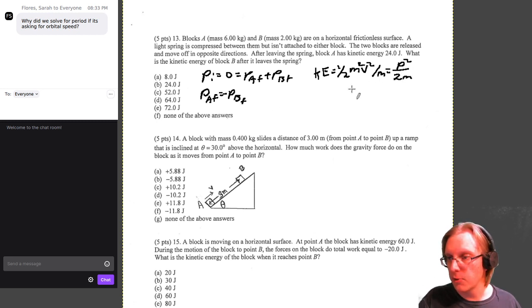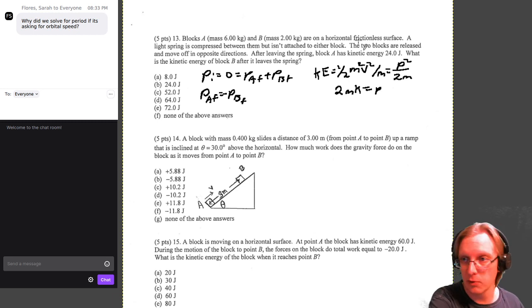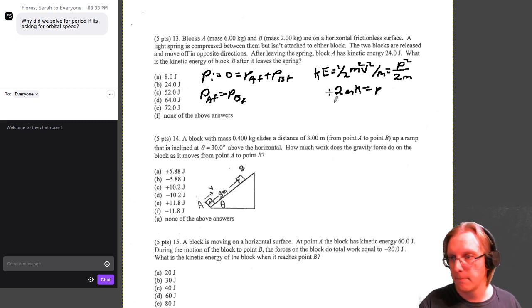So now we have that 2m times kinetic energy is equal to momentum squared. Oh, we don't want to square. We want the square root of that. Oh, look at that. Momentum A is equal to the same thing as momentum B. That's really handy.